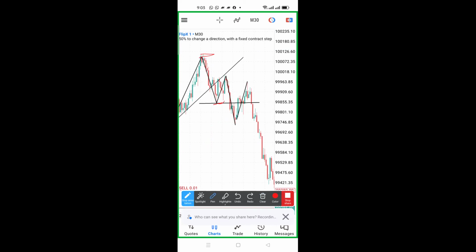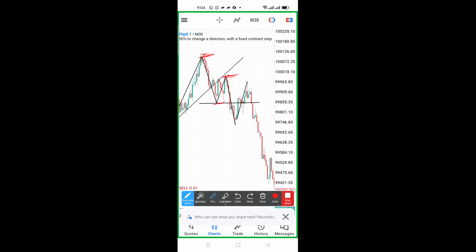So we're coming up with higher highs, higher lows, higher highs, higher lows, right? But now there's a change of trend. This new high could not take out this previous high. So this one becomes a low.